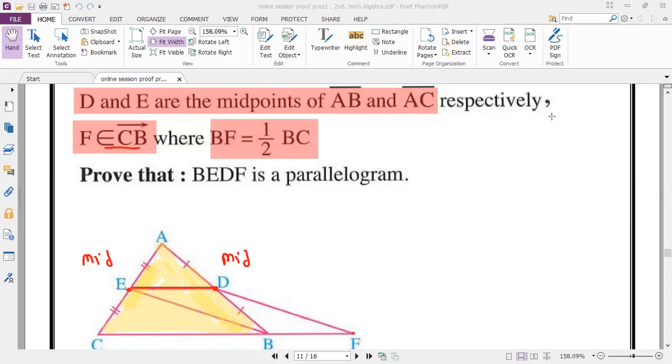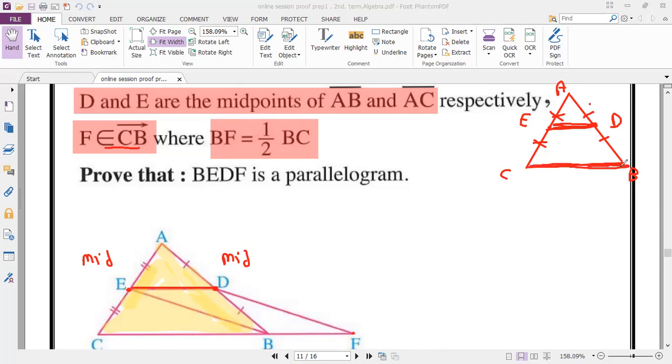So let's focus again on this triangle. The triangle is ABC. Here A, B, C. D is the midpoint of AB, and E is the midpoint of AC. Then what we deduce? We deduce that DE is parallel to BC, and DE equals half the length of BC.